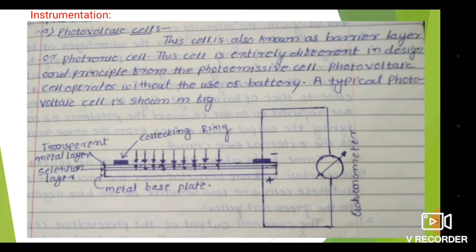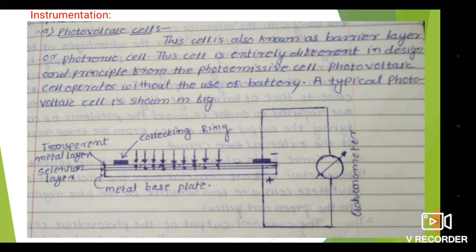When the radiation is incident upon the surface of the selenium, electrons are generated at the selenium-silver interface. These electrons are collected by silver.